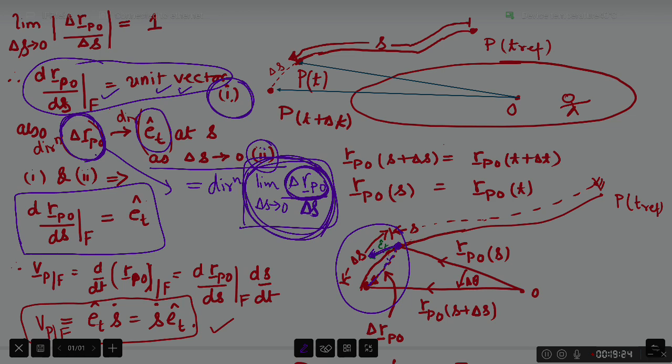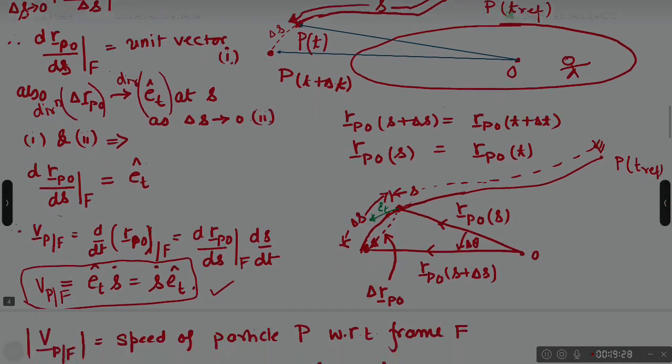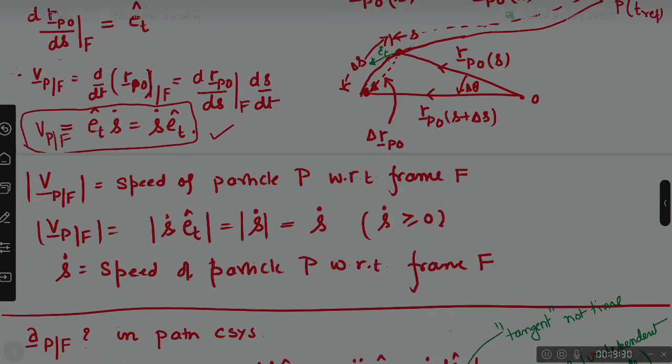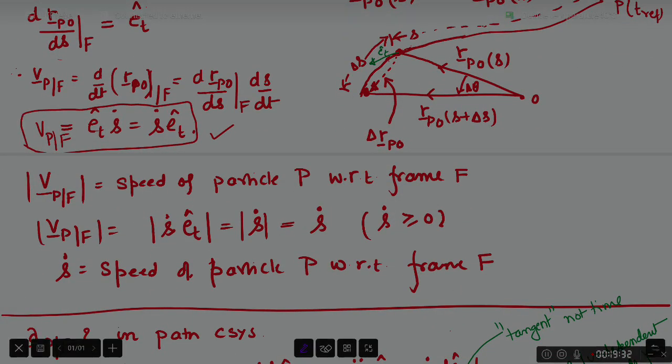Once we have this information, we go back to our expression for VPF. On the previous slide, this is what I got. I processed this expression till this point, and now I am saying that this vector must be simply ET.